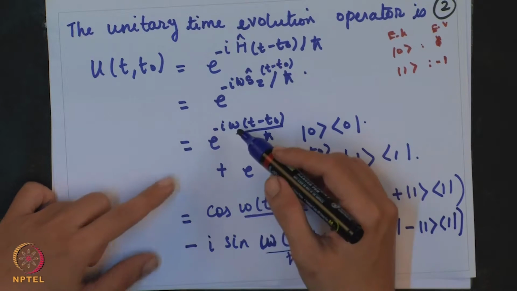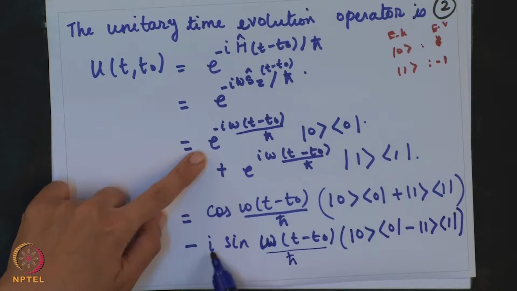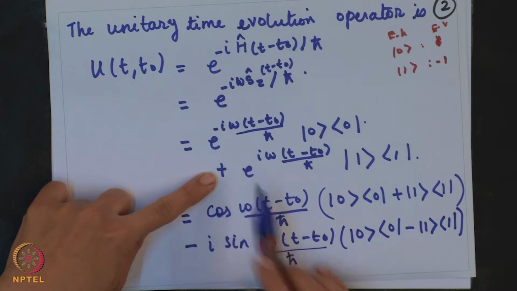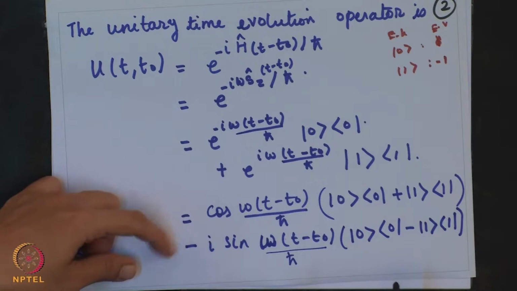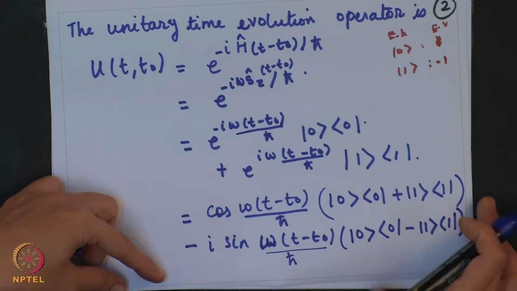The first term will give me minus i sin theta times this plus i sin theta, this will be minus.